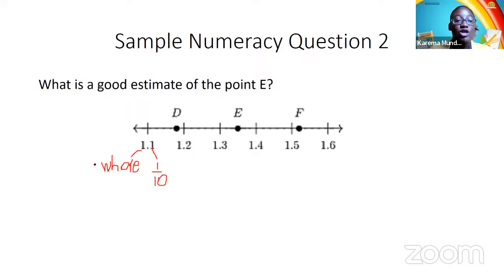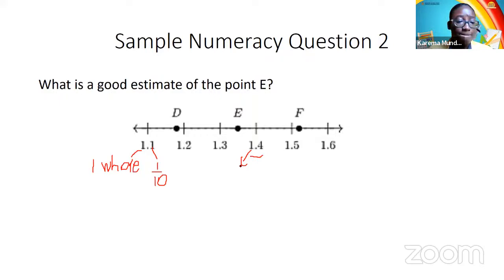So let us run down to the one that the young man was trying to tell us about, 1.4. That's the one he chose. What would that one be saying to us, Miss Williams? What does the 1 to the left of the point say? Just like 1.1, it speaks to the whole number.